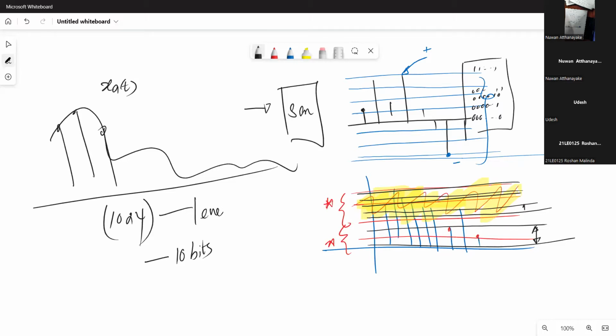If it is close to the 0 line, you can code it as 10 zeros. If the sample is very close to the very first quantization level, you can simply code it as 9 zeros and a 1. Likewise, we can convert this continuous signal to a binary coded word.